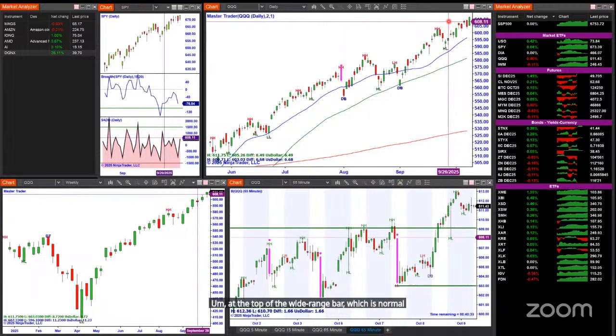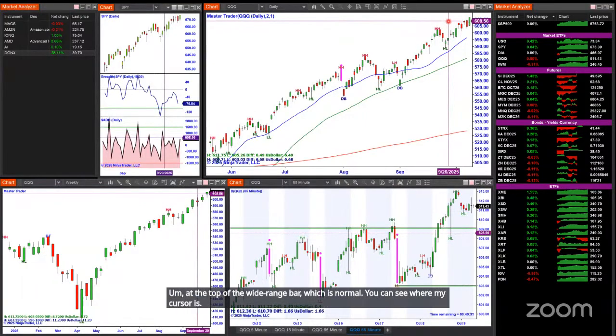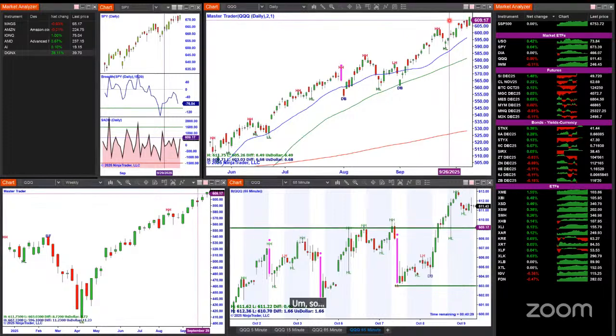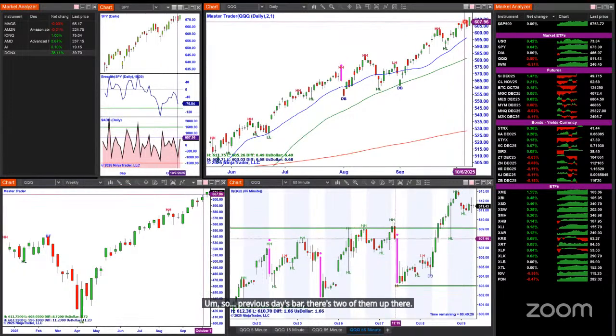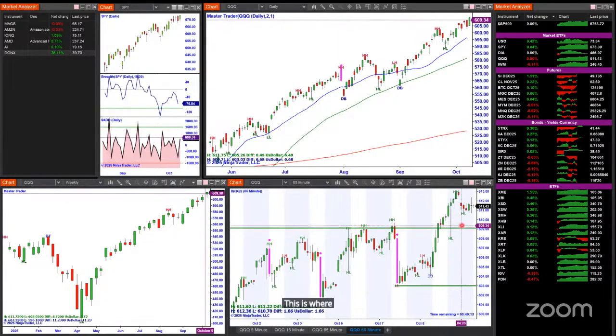And you can see where my cursor is. So the previous day's bar, there's two of them up there. I'm just looking at the daily chart, but you'll see how it lines up on the 65 minute. That's the area of support. Should it pull back, this is where we want to see buyers begin to show up.